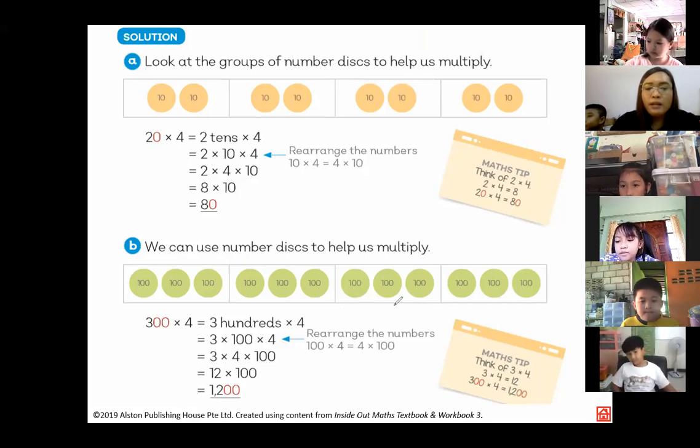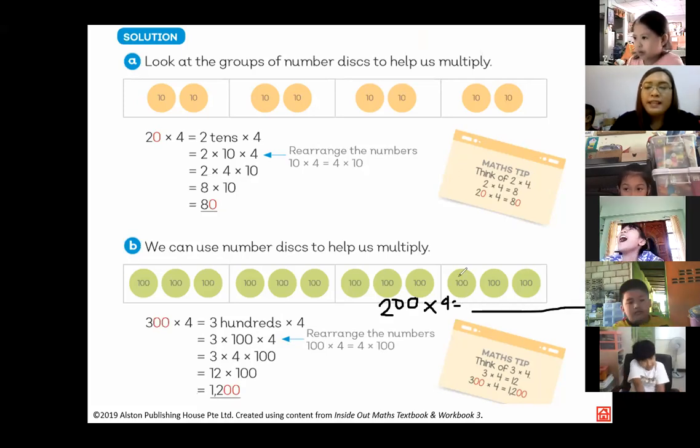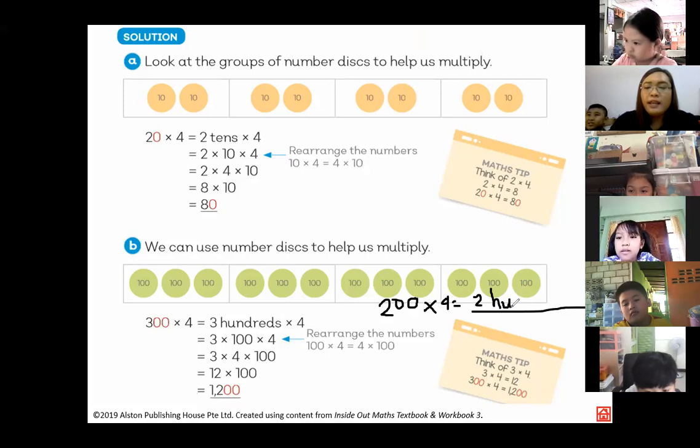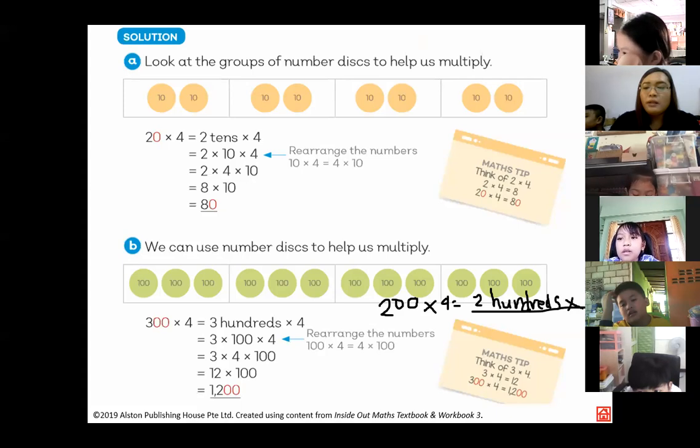What about this one? I have 200 times 4. So first we have to copy 2 and then the word hundreds, and then times 4.